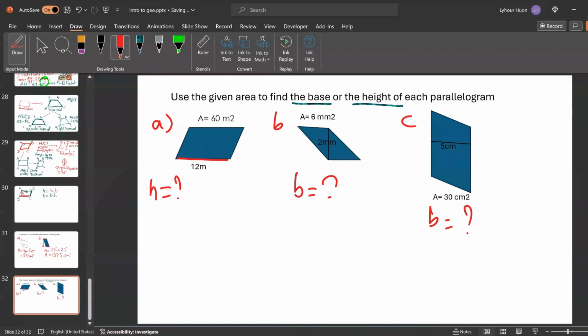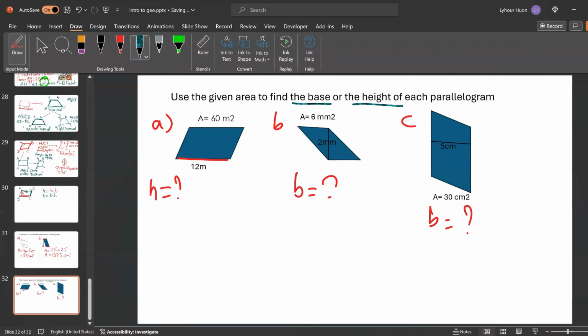So how do we find the height from figure A? For figure A, I divided 60 by 12, which equaled 5. Okay, so don't skip the original formula.